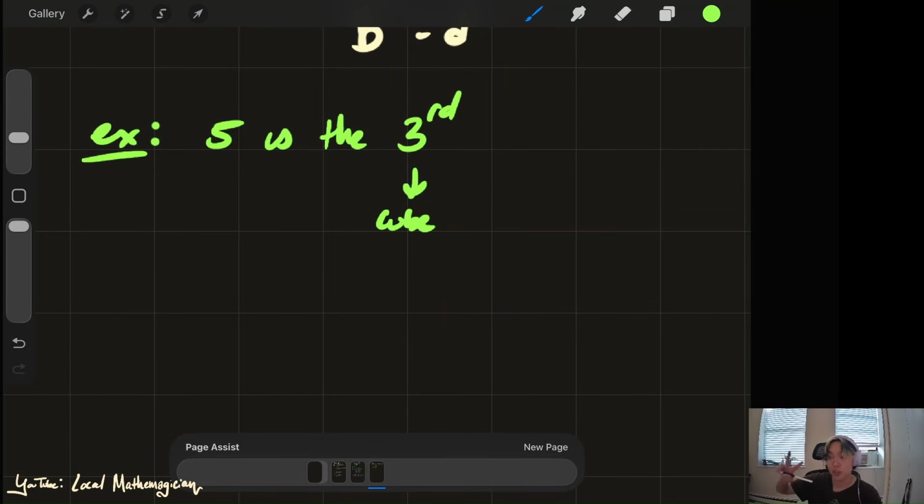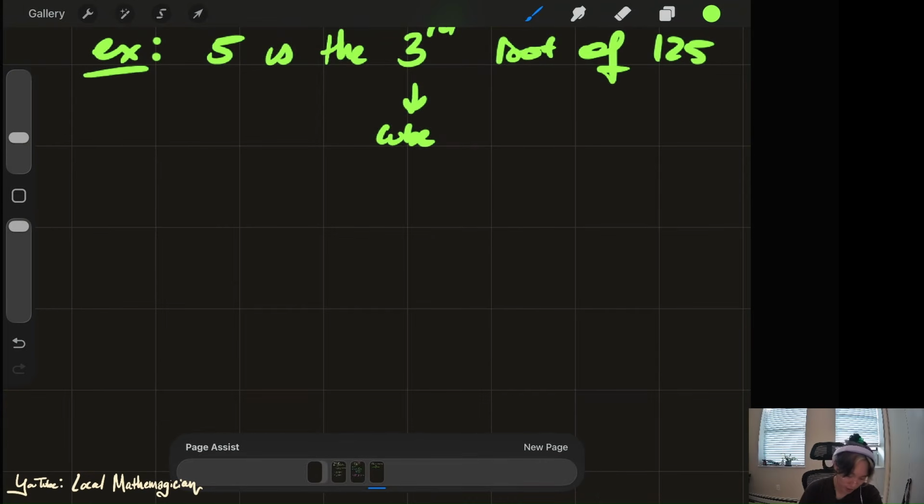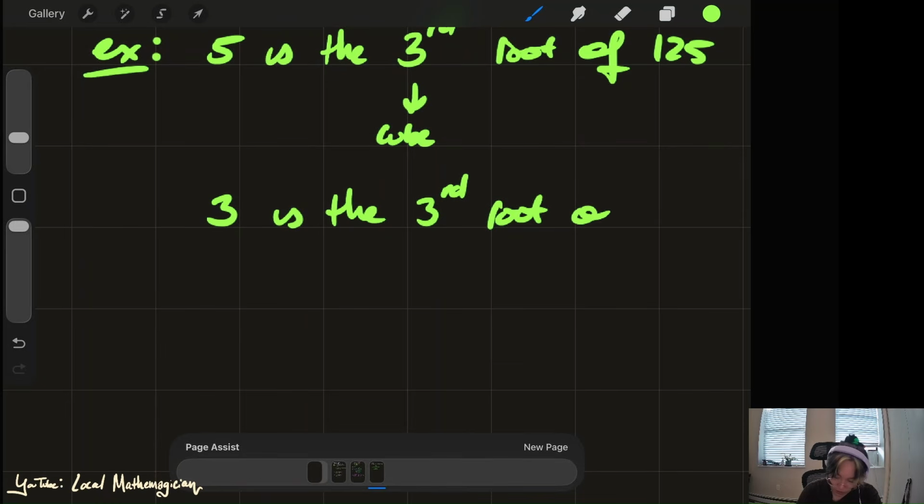So 2 is squared, 3 is cubed, okay? 5 is the third root of 125, okay? Another example is negative 3, no, that's too positive. Positive 3 is the third or cube root of 27, okay?